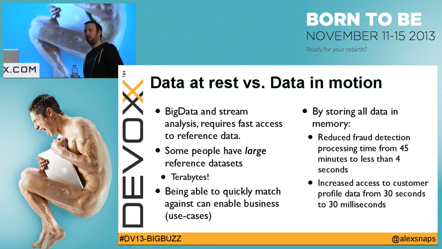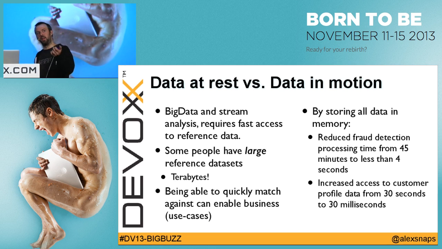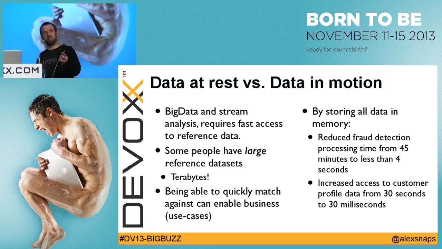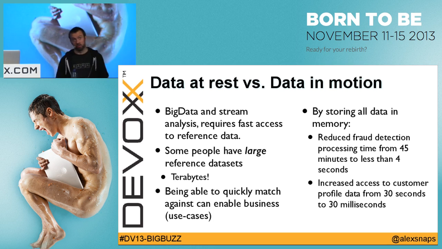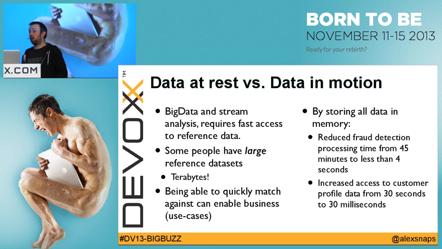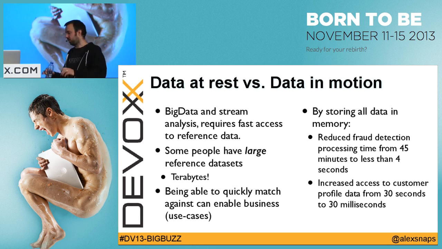Same thing, right? Being able to analyze this, matching events versus data at rest, data that doesn't change so much. I'm Alex Naps, I'm a male, even though I got my head in the butt of another guy. I have no plans on changing gender anytime soon, or changing name, and moving doesn't happen so often, right? So that's all this data at rest, but this might be very relevant information.